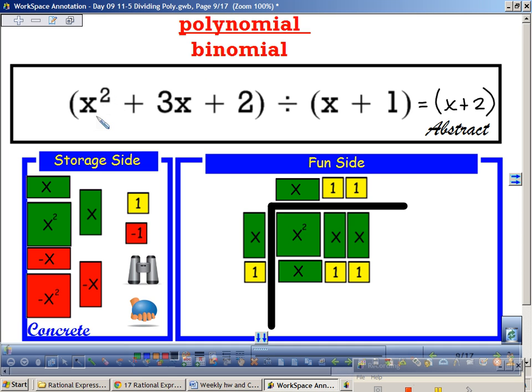Which kind of looks a lot like if you were to factor this. What two numbers, when I multiply, I get 2, but when I add, I get 3x? 1 and 2? Look at that. It's all tying together. Dividing polynomials, factoring, it's all the same thing.